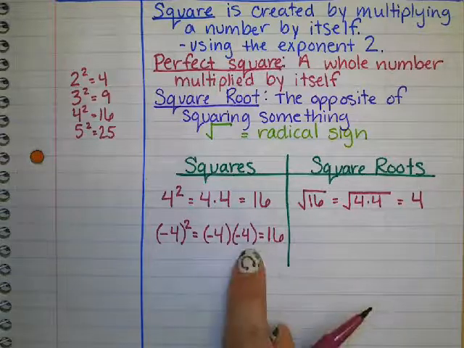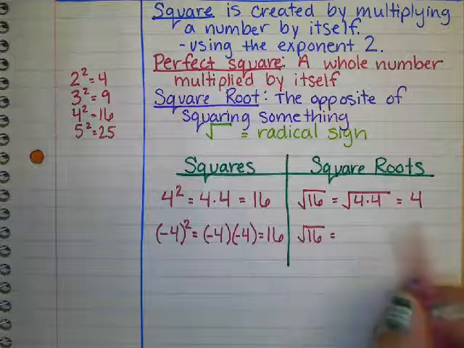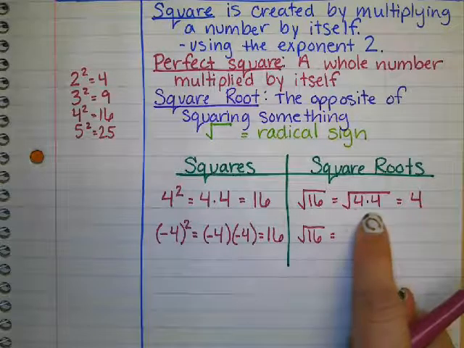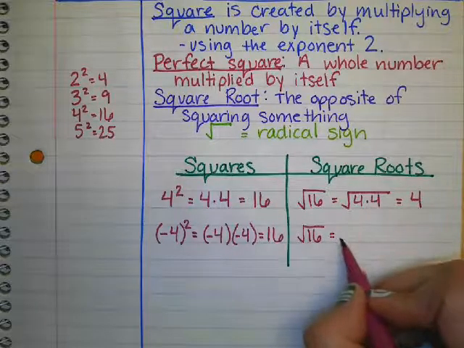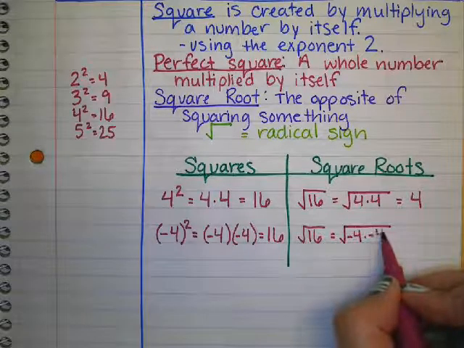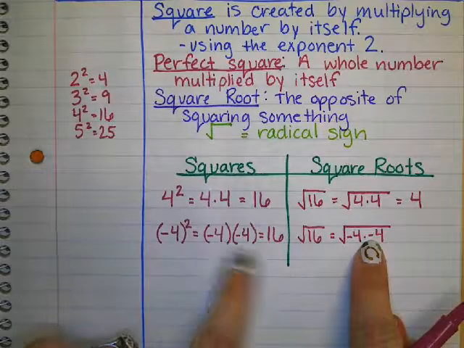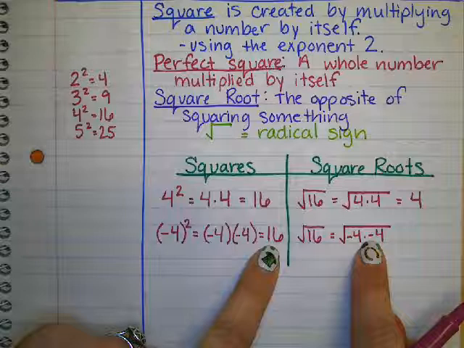So what that tells us is the square root of 16 can be positive 4s under the radical sign, but it also can be -4 times -4, because when you multiply those negatives, it becomes a positive 16.